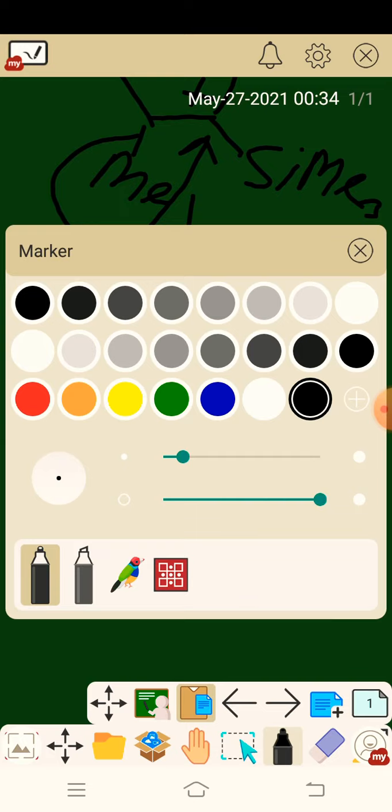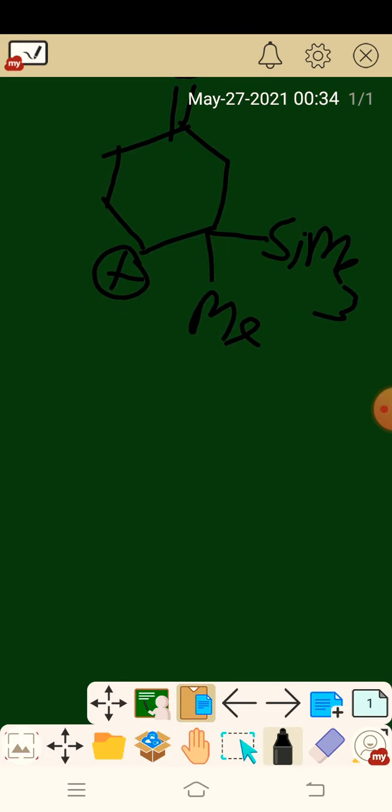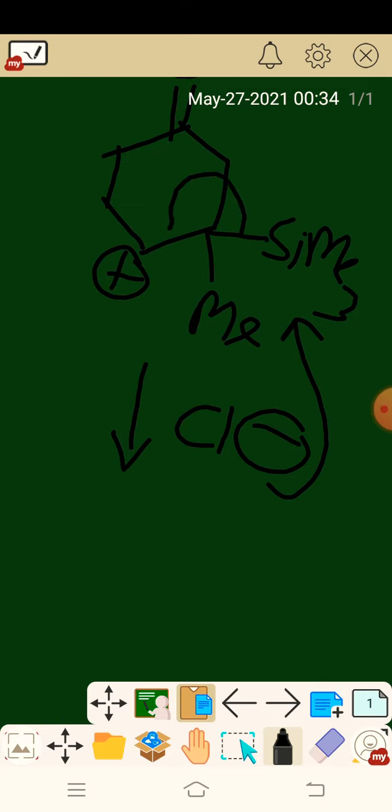So now you will know that in the solution we also have the chloride ion. This chloride ion will attack this SiMe3. This SiMe3 is a good leaving group. Okay, now it leaves from here, generating an anion.